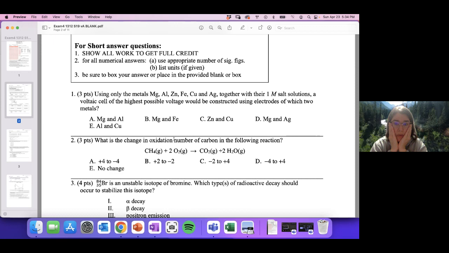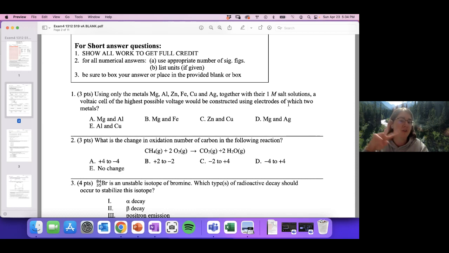But the way that you do this, because it says using the metals together with their 1 molar salt solutions, it's telling you that information because a 1 molar salt solution tells you that you're at standard conditions. So you're not trying to actually do a lot of calculations. You're already at standard conditions, so all you're going to be using is the values on the standard reduction potential table.